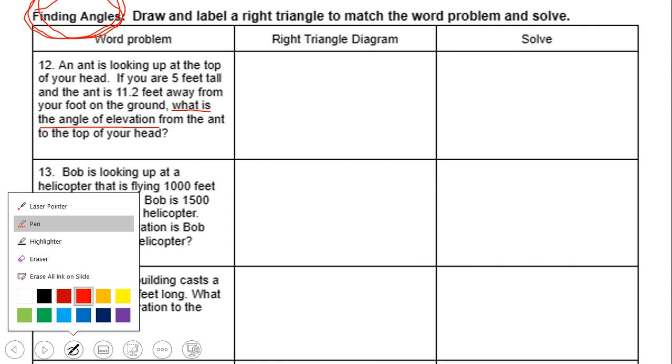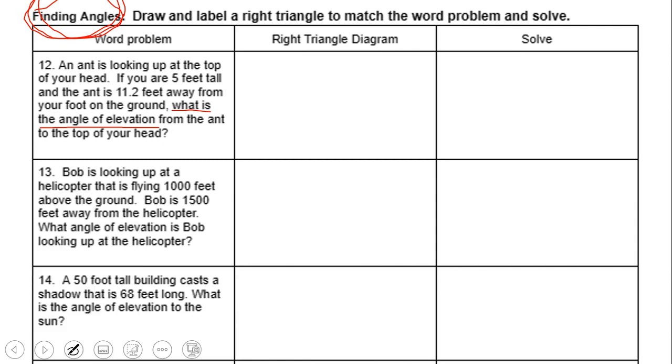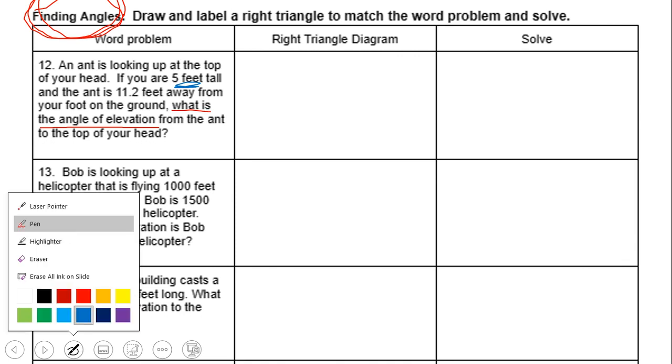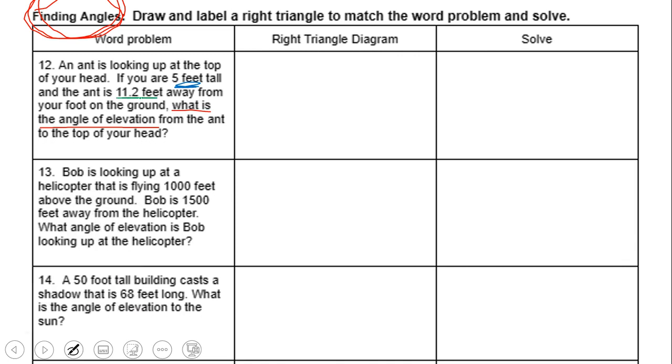We also know that an ant is looking up at us, and we are 5 feet tall, and the ant is 11.2 feet away from us on the ground. So if I draw myself, again, not a great artist, but here's me, and I know that I am 5 feet.